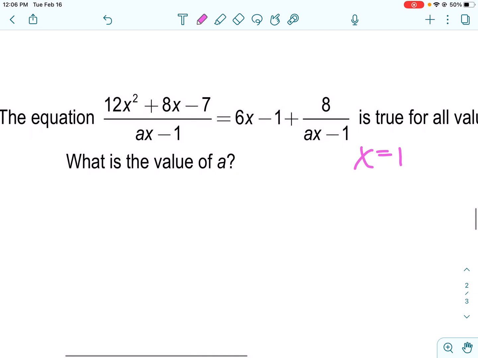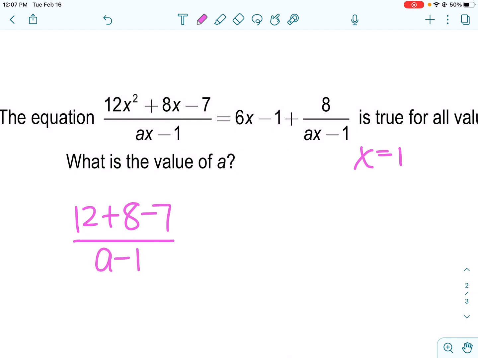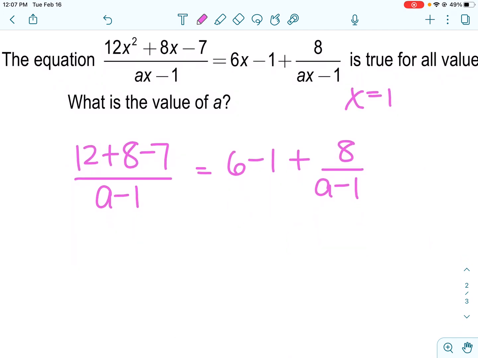Whether you did or did not pause, if I plug in 1 for x, I'm going to have 12 plus 8 minus 7 over a minus 1 equals 6 minus 1 plus 8 over a minus 1. Again, all I did there was plug in 1 for x. Let's simplify.